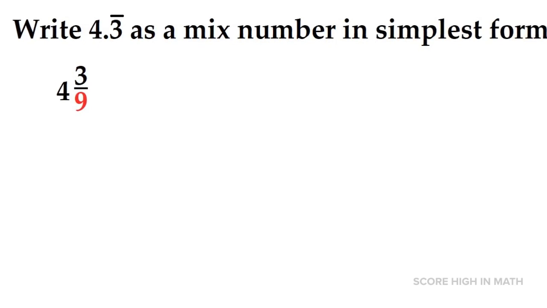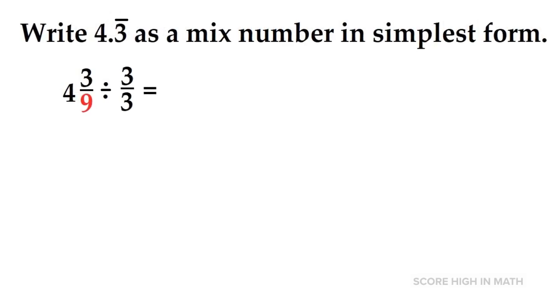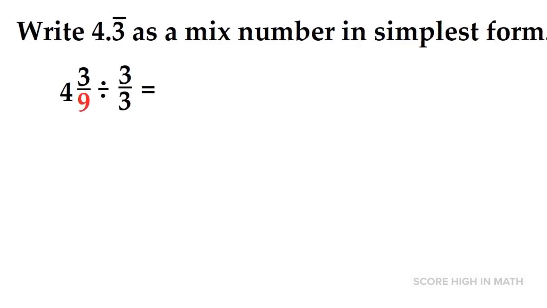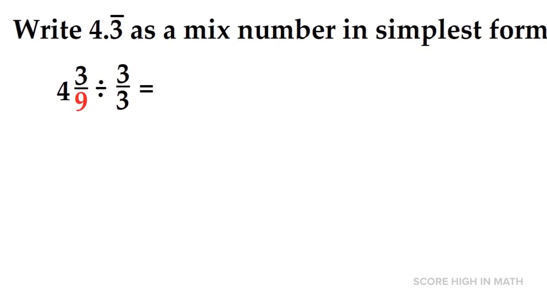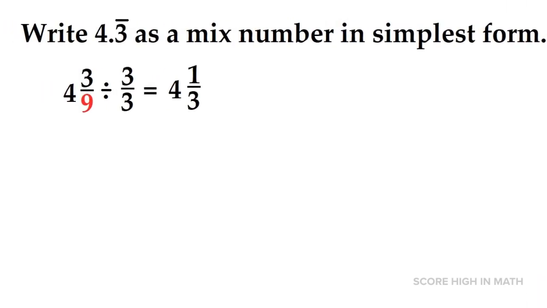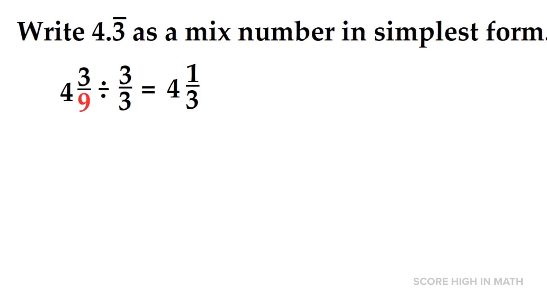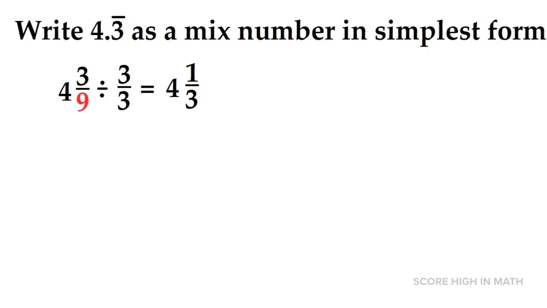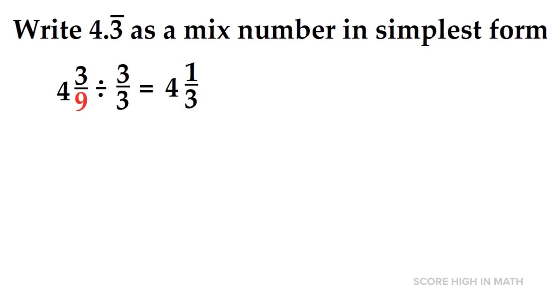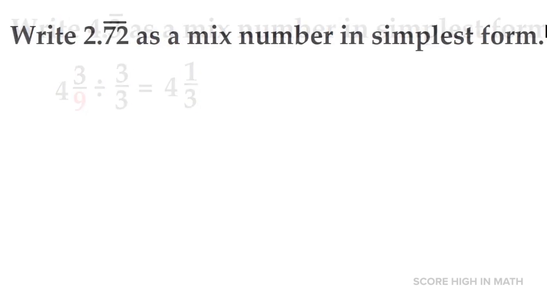But 3 over 9 has common factors. The common factor is 3, so we're going to divide the number by 3 over 3. So 3 divided by 3 is 1, and 9 divided by 3 is 3. The simplest form of the mixed number is 4 and 1/3.